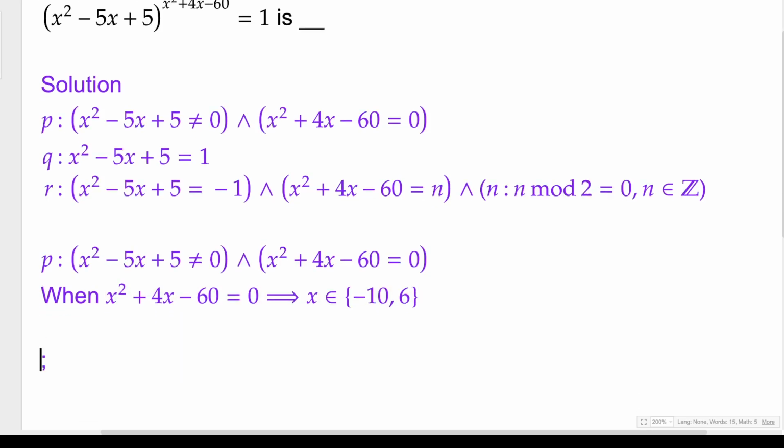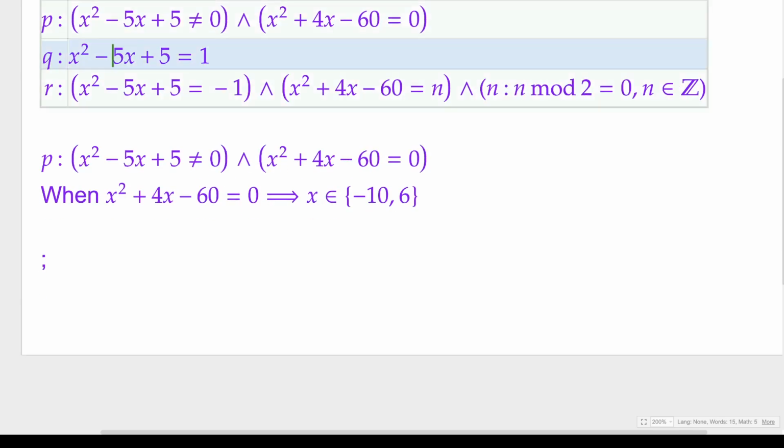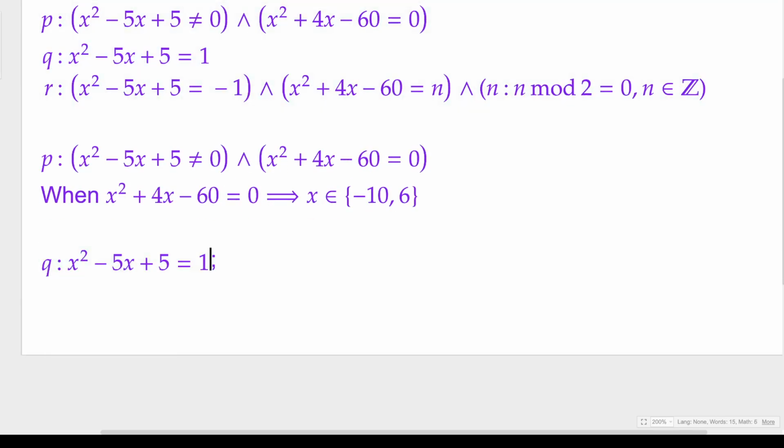Now considering the next statement, that is statement q, when x² − 5x + 5 is equal to 1. On solving this equation, we can get x minus 4 times x minus 1 equal to 0, right?